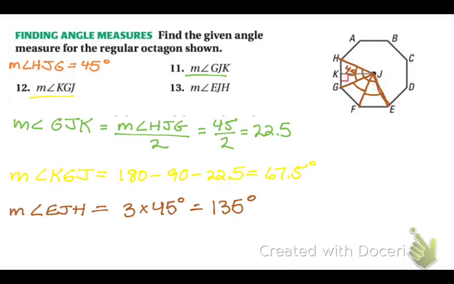That wasn't so bad. So this whole angle here is equal to 135 degrees. We just did that because it includes three central angles, and each central angle is 45. We multiply 3 by 45, and we get 135. So there are my answers.